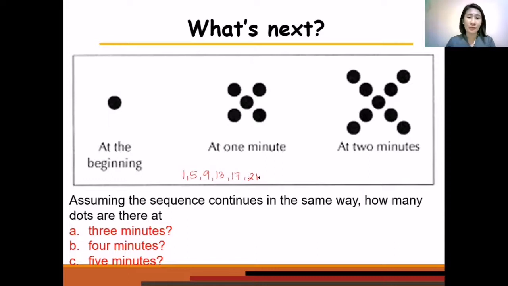So the pattern goes on. Actually, the pattern that we're able to come up with is addition of 4. So you only have to add 4 from the previous term for you to get the next term. I am talking about the word terms. We'll have the discussion of that later.